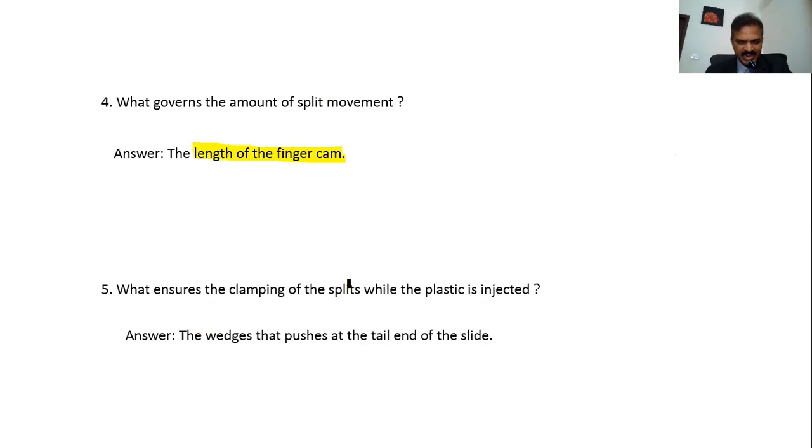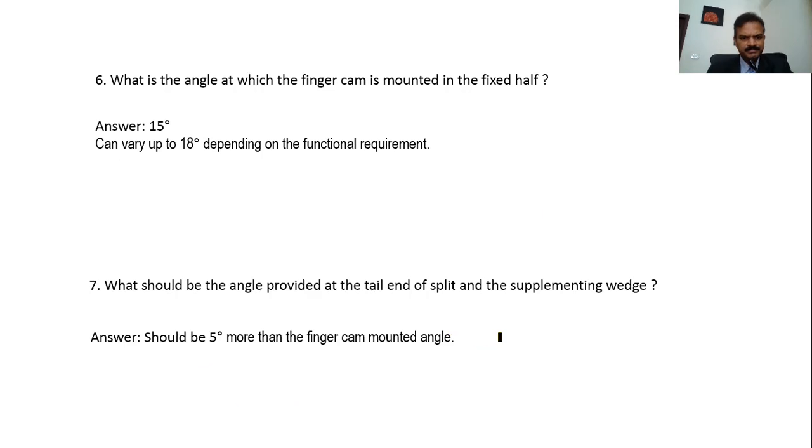It is definitely a clearance hole, right? So it can move in that clearance, leaving a big chunk of flash. So definitely something has to be pushing the slides hard from the back side. So we provide a wedge at the tail end of the slide, right?